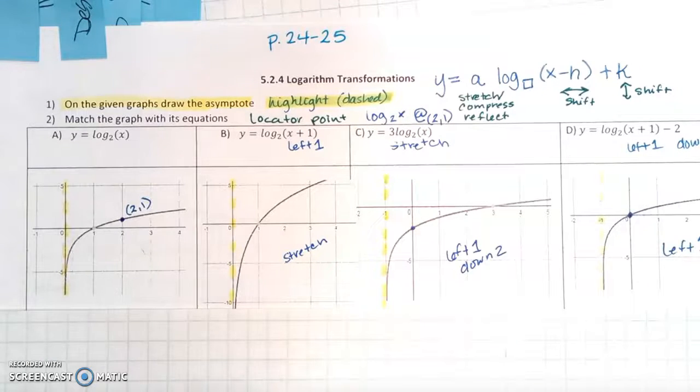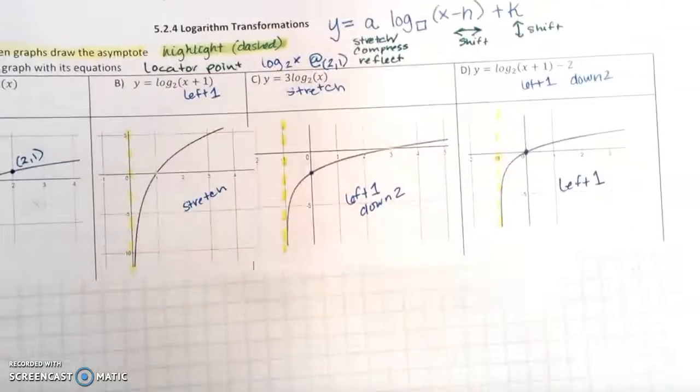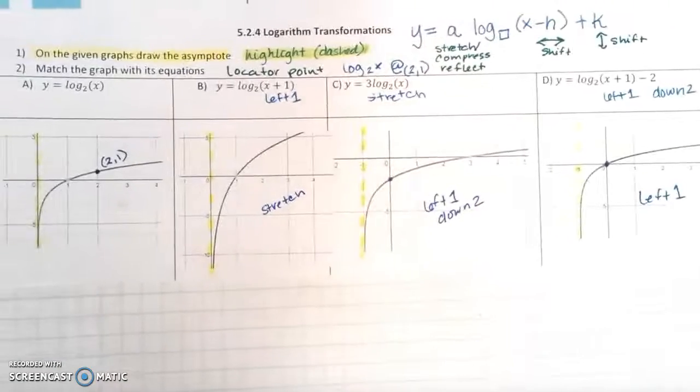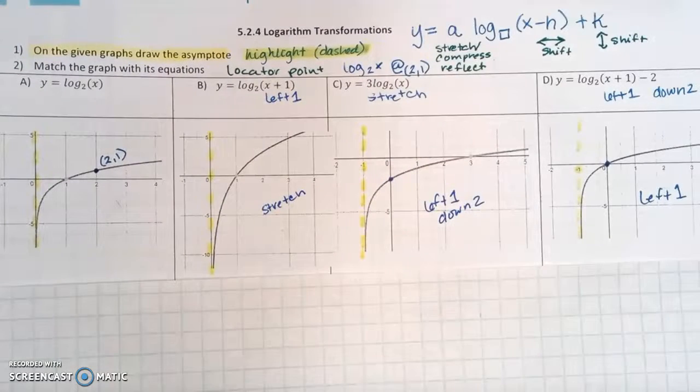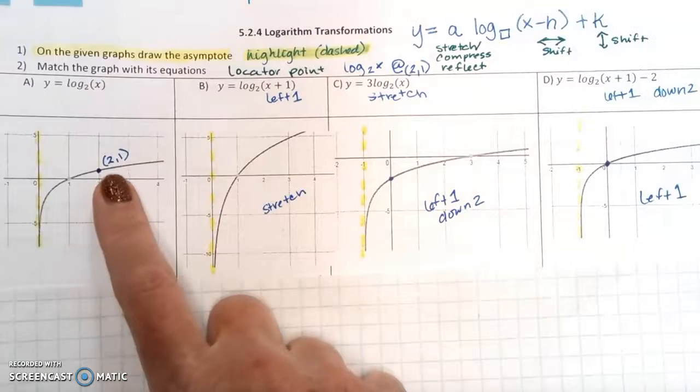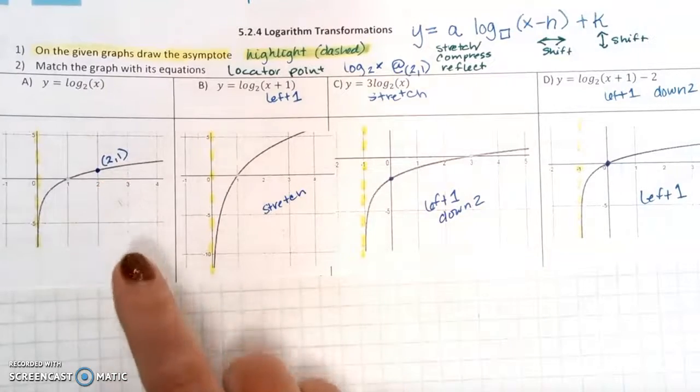Okay? So when you look at the 4 choices, you kind of want to say, okay, what's happening with each of these? And you're going to try to determine how they will match up with each of your 4 choices for that row. Okay? So the first one just has a locator point at (2, 1).